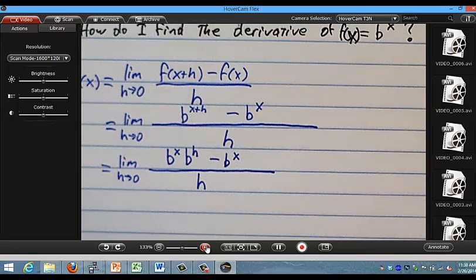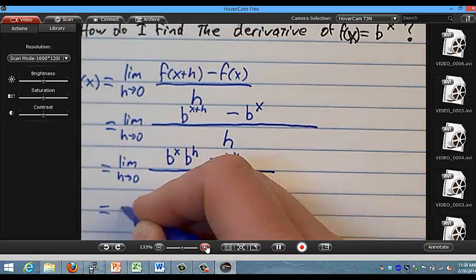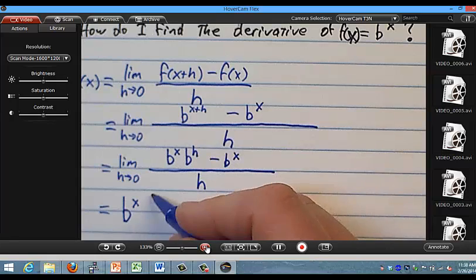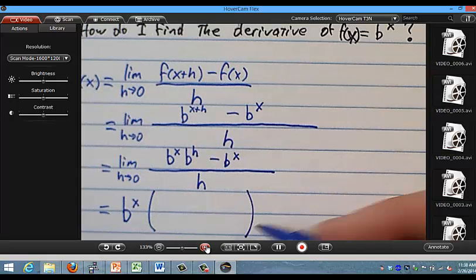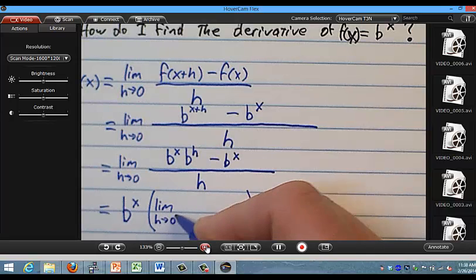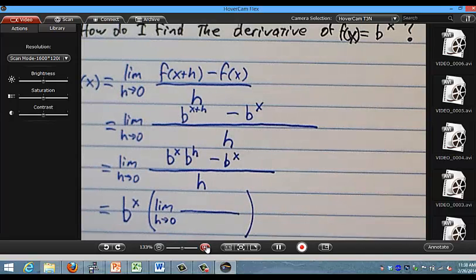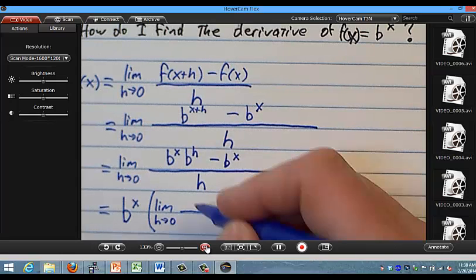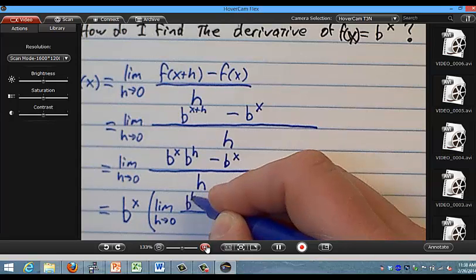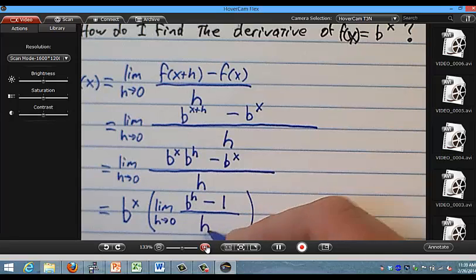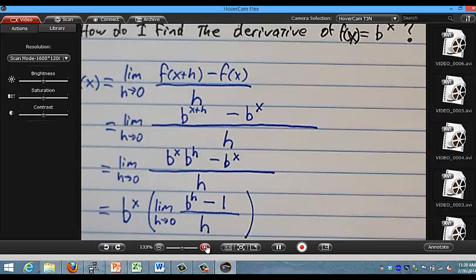So the next thing I'm going to write is that this is equal to b to the x power times, well, what are we left with? We have a limit as h approaches 0 of what? b to the h minus 1, all over h. B to the h is here, minus, and yes, we have to put a 1 there. All right? So far, so good?